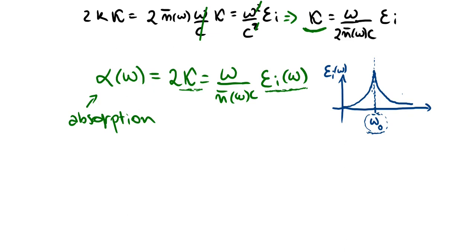Or if you have, let's say, a solid, then you have conduction and valence band states, and they form an exciton, for example. Electrons and holes would form an exciton. When you look at the imaginary part of the material in the presence of that exciton, you will also find something like this around the frequency of the exciton. And this means that light could be absorbed by an exciton.